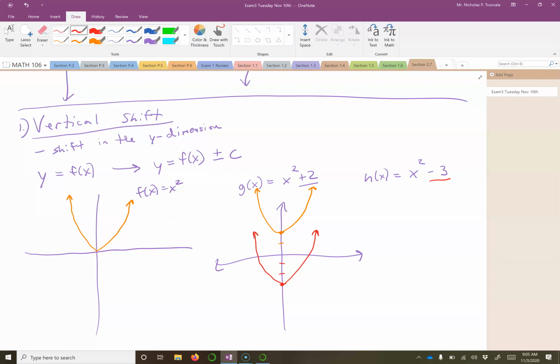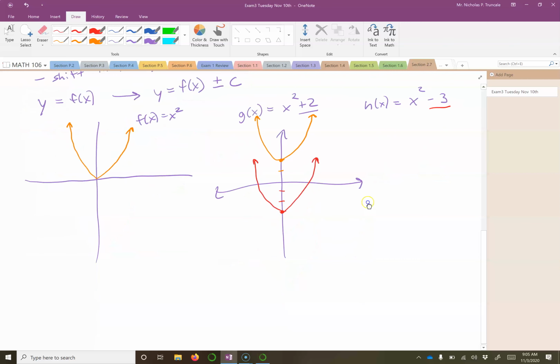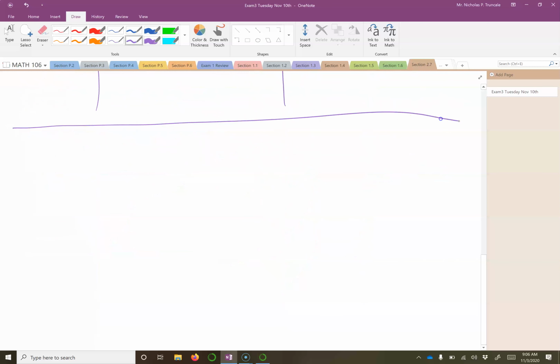All we're doing is moving it vertically up and down, all right? So when you have your base function and then you just have a plus whatever or a negative whatever after it, that's just a vertical shift. Okay? I'm hoping that is pretty simple and is making some sense. All right, so that's the first type. That's simple, easy. So if you could have a vertical shift, that must mean you could have our second type of transformation, the horizontal shift.